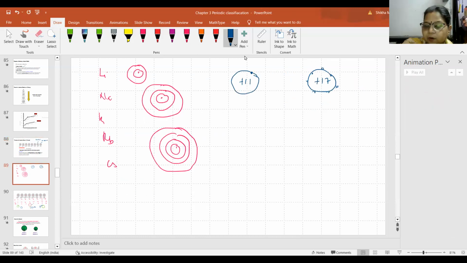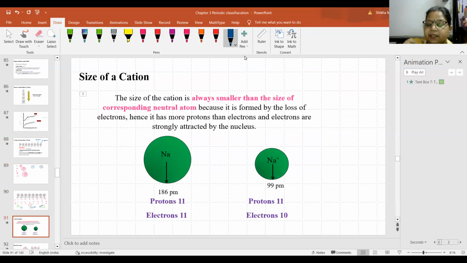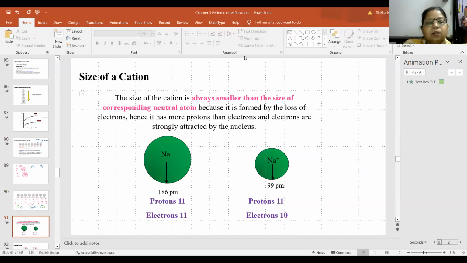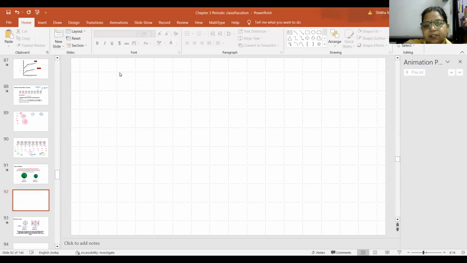Now, talking about the cation and anion, what will be the variation in size of cation and anion? If I have sodium atom and sodium cation, which will be larger in size?